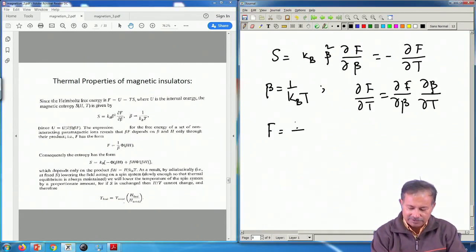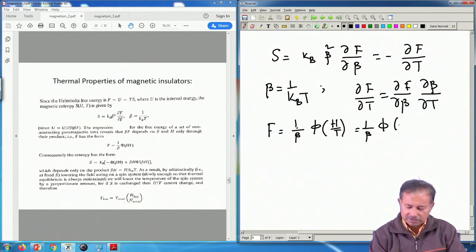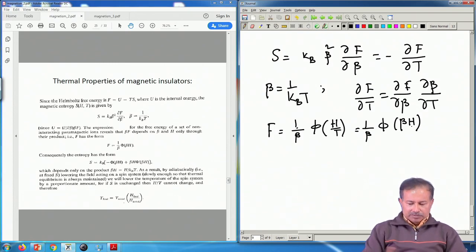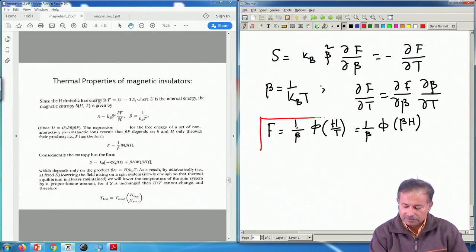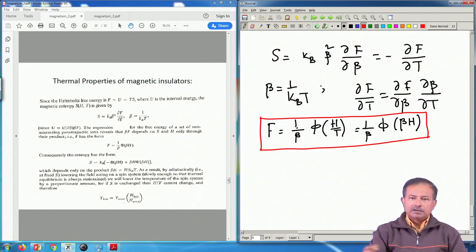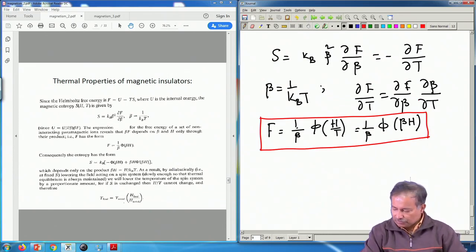So, F is 1 by beta times some function of h by T, or you can write it as 1 by beta times a function of beta h, kB being a constant. This is interesting: F is only 1 by beta times a quantity which is a function of h by T. This is going to be used.